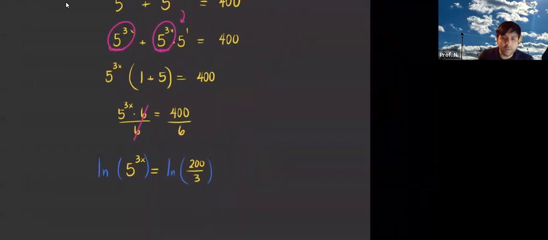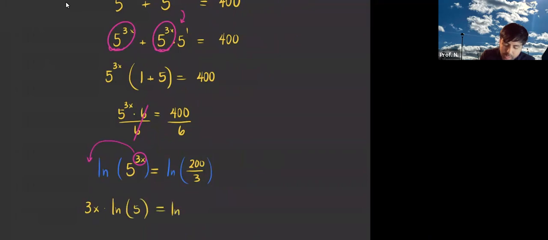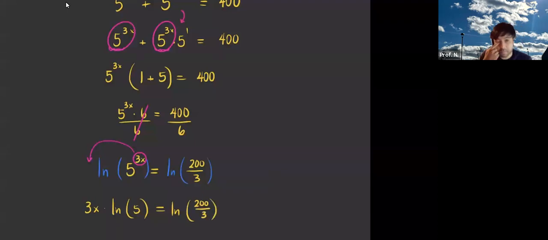Okay. So now when I did that, now look what I have. I have an exponent inside a logarithmic function, and I can place it outside using the power rule. And then I get 3x times ln of 5 equals ln of 200 over 3. And again, I have this x here.